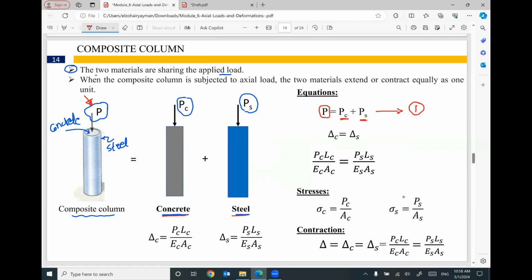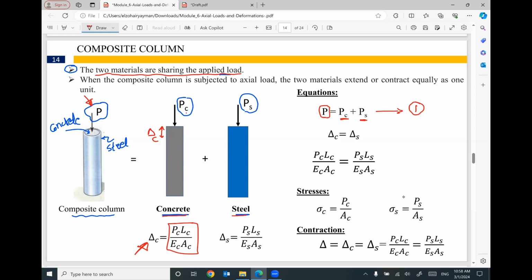So first of all, the two materials are sharing the applied load. So the part shared by material 1 plus the part shared by material 2 will equal the total applied force. Keep in mind, from mechanics of materials, the part PC supported by concrete will cause contraction in concrete, delta C. This delta C in concrete will equal P of concrete, L of concrete divided by A of concrete times E, the Young's modulus or modulus of elasticity of concrete.